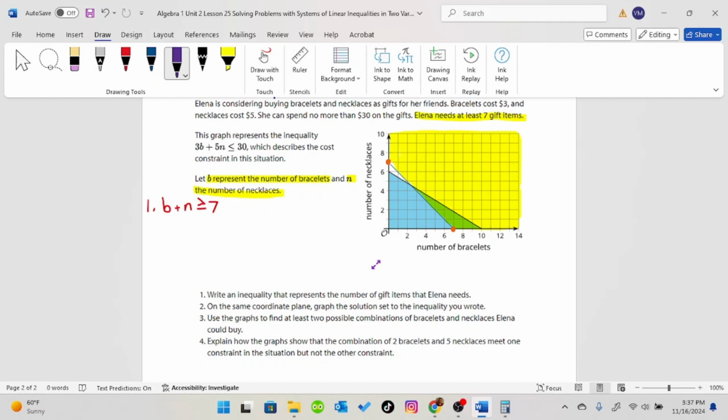We could find this point right here, which is at 7, 1, and that would be one possible solution. Then we can look for another point in this green shading, and I see this point right here at 6, 2.